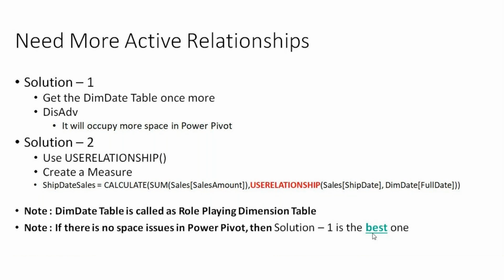You can easily say, when the dimension table has multiple relationships, then it is called a role-playing dimension table, which is a data warehousing concept. We're going to be discussing data warehousing, and in that we're going to be discussing what is a dimension table, what is a fact table. Am I clear?